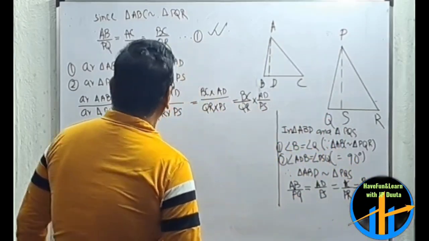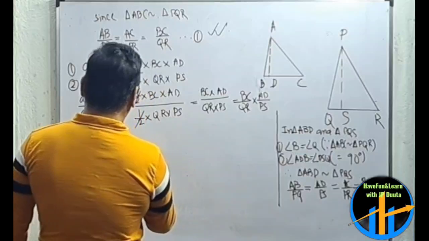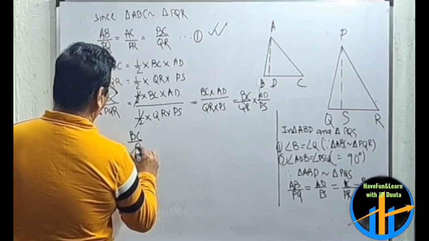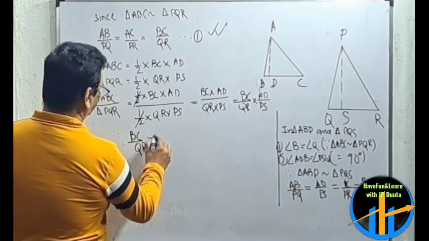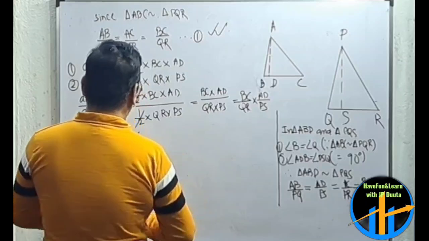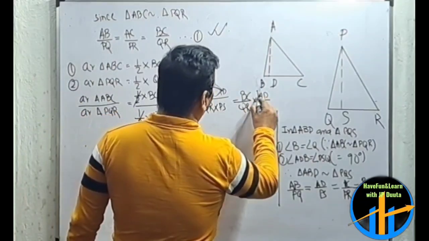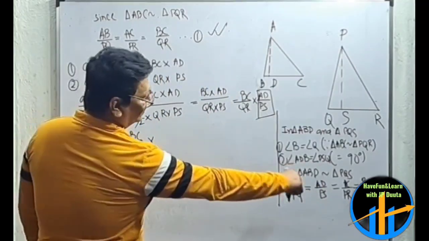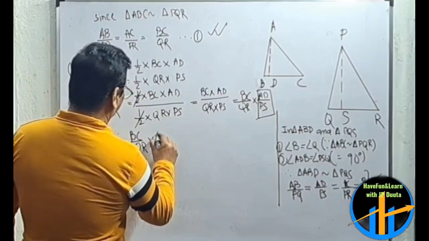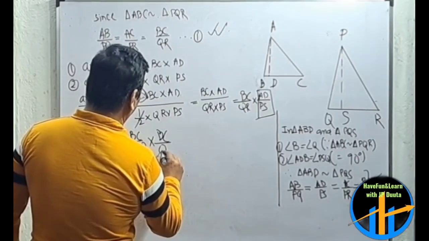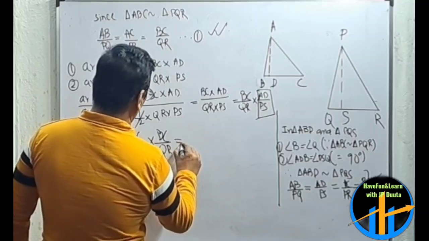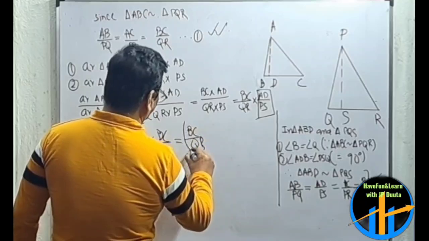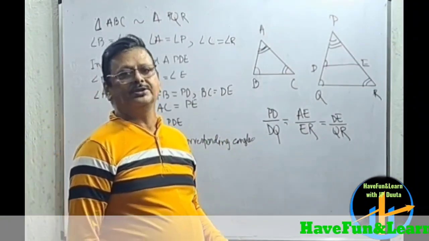Right? So now we can replace here. So BC by QR multiplied by BC by QR, and that is equal to BC by QR whole square.